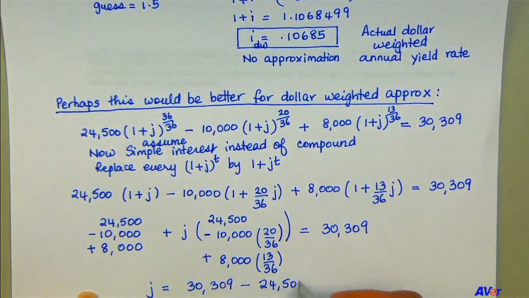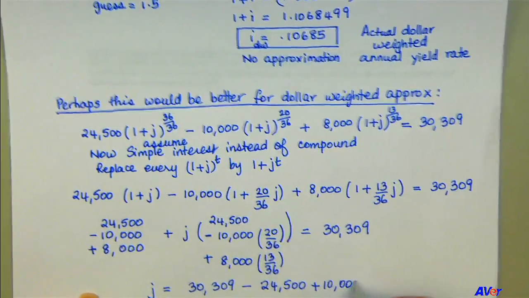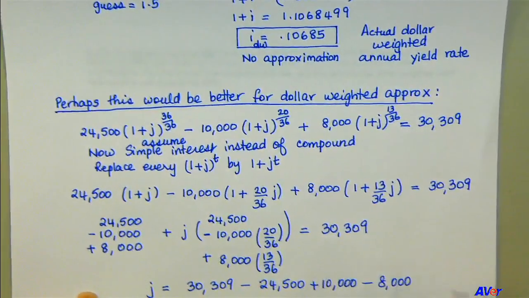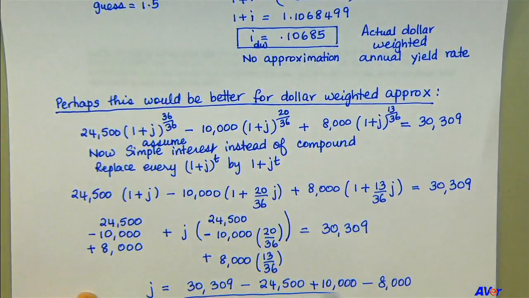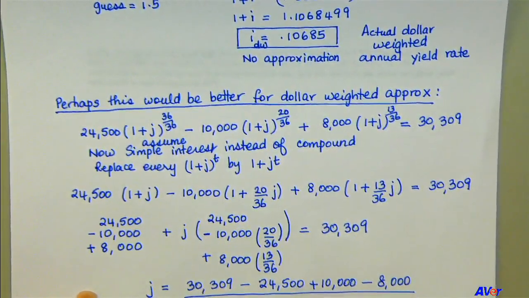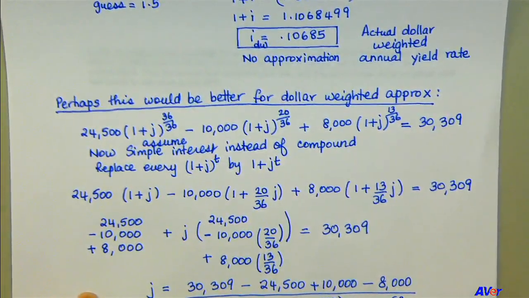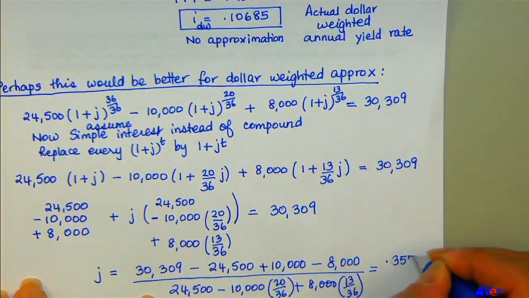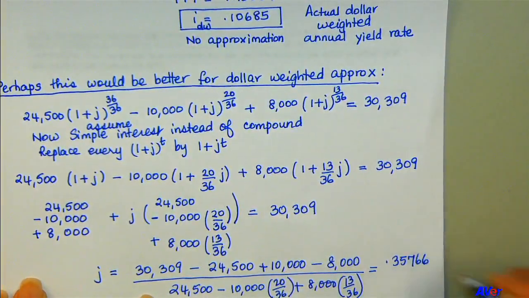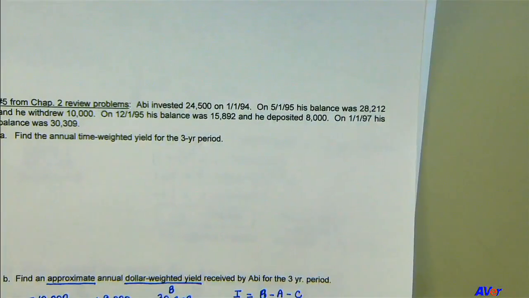Minus 24,500 plus 10,000 minus 8,000, divided by 24,500 minus 10,000 times 20 over 36 plus 8,000 times 13 over 36, and that will give me 0.35766, which is what I got here on the previous page when I was doing it also, 0.357.